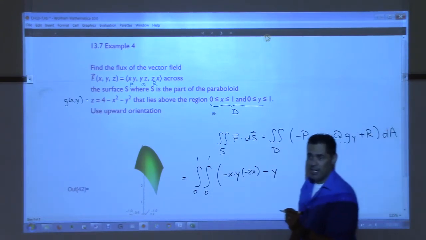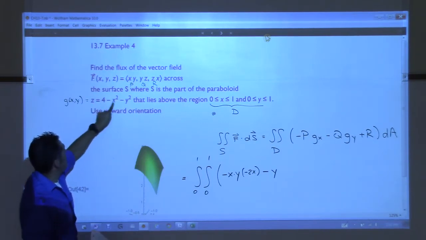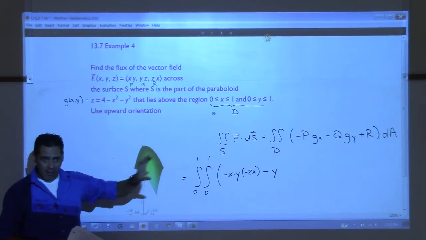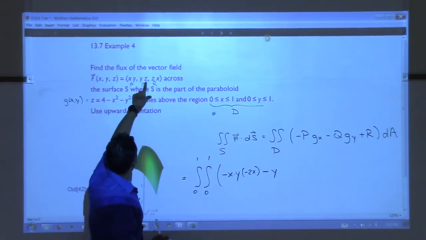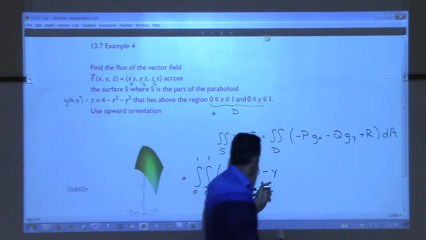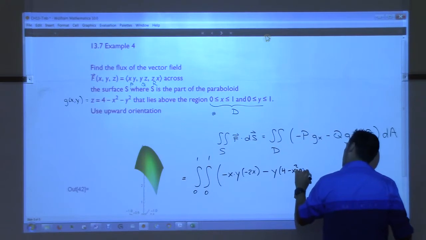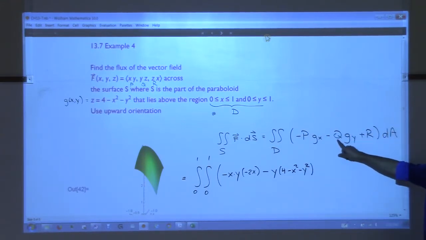However, what's z? Why are we going to switch z over? We need everything in terms of x and y, right? So we're going to use this equation for z to replace that z right there with 4 − x² − y². Make sense? That's minus Q. What do I still have?